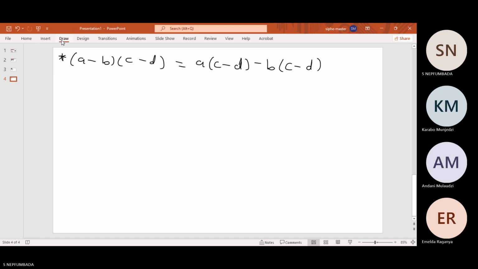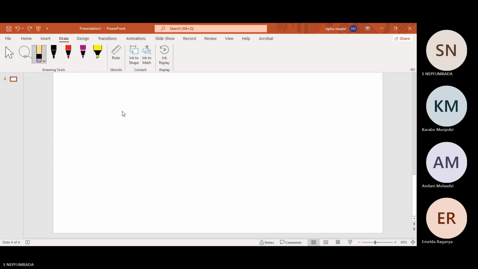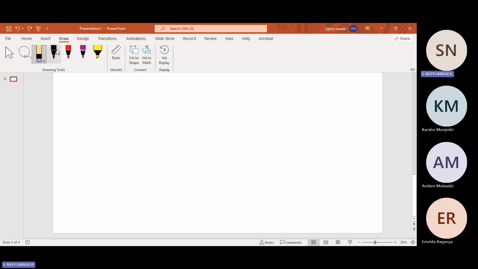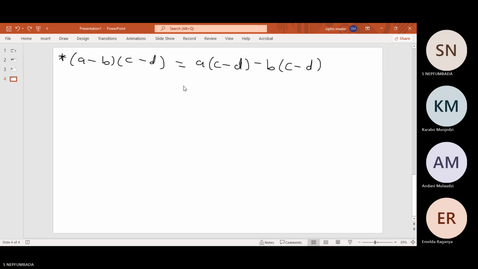So this is equal to a times c is ac, a times minus d is minus ad, minus b times c is minus bc, minus b times minus d is positive bd.